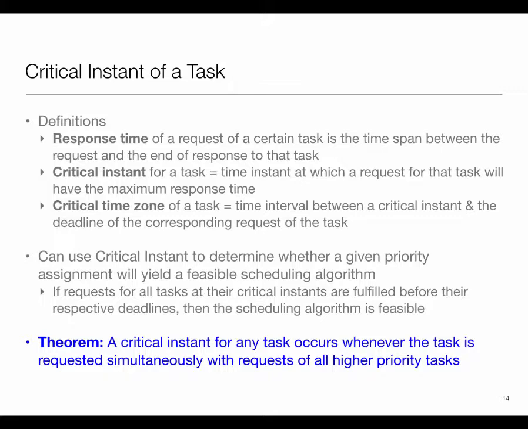So if I'm doing rate monotonic, let's say, so I have assigned priorities according to rate monotonic, and I'm looking at the task which has the 3rd highest priority, to analyze the behavior of this task, this theorem is saying, analyze the behavior when a copy of this task comes together with a copy each of the 2 higher priority tasks. And by the way, this strategy will work for any static priority assignment. For sure for rate monotonic, but if you try out some other priority assignment, same thing.